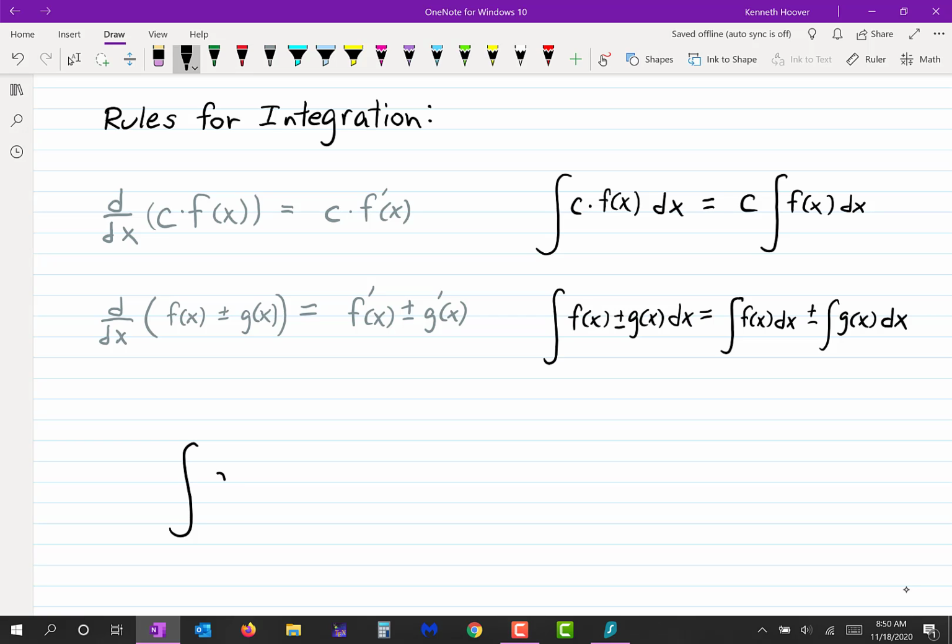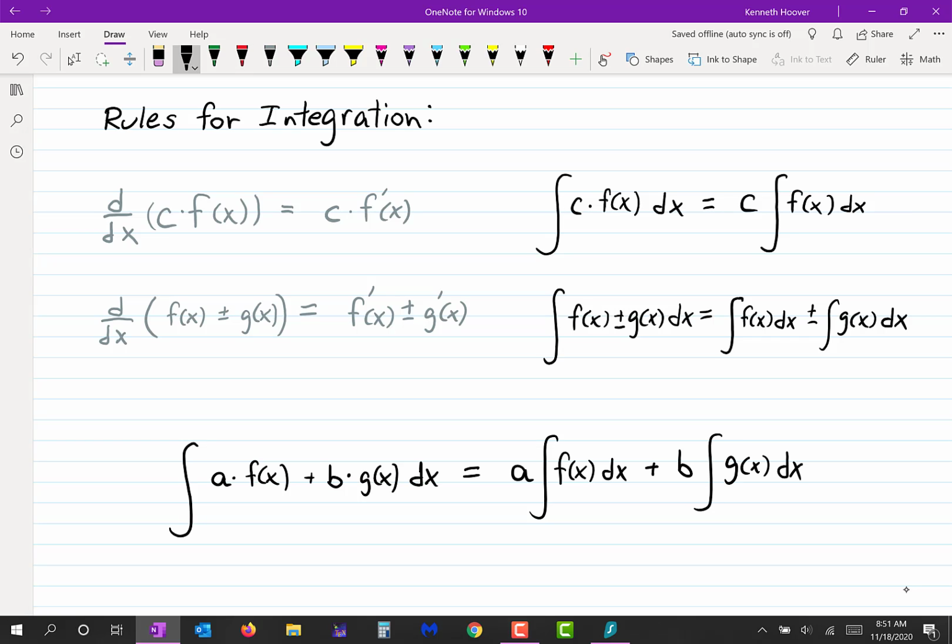So the integral of a times f of x plus b times g of x can be broken up into a times the integral of f plus b times the integral of g.